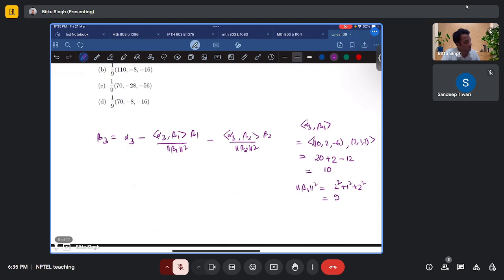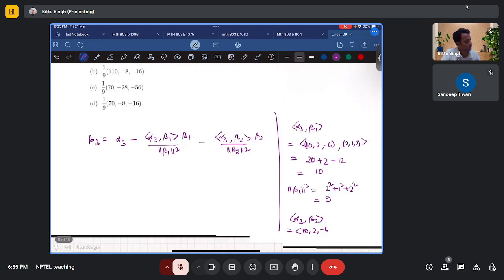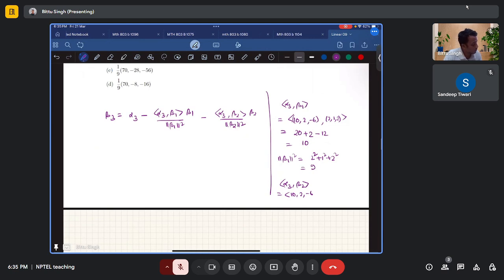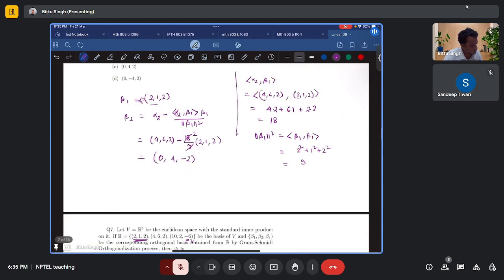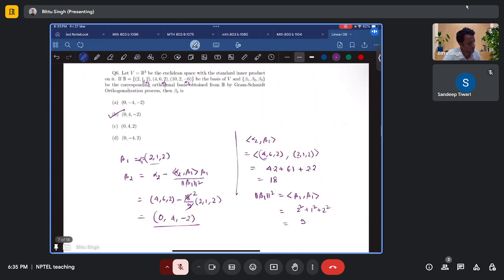Now similarly, alpha 3 times beta 2. This is (10, 2, minus 6) times beta 2. Beta 2 is (0, 4, minus 2), which we have previously calculated.